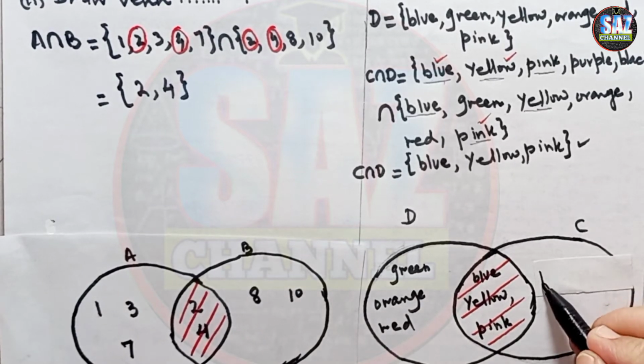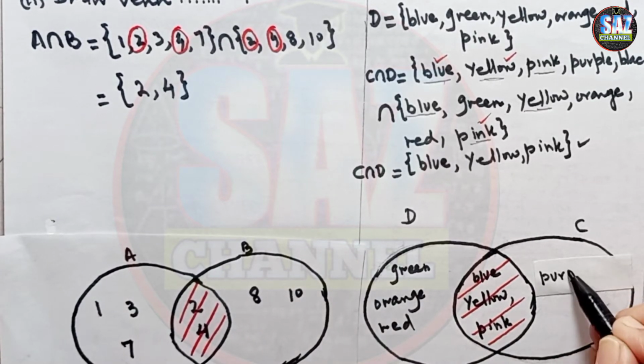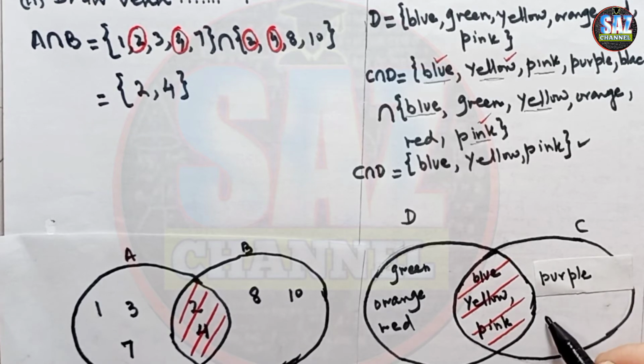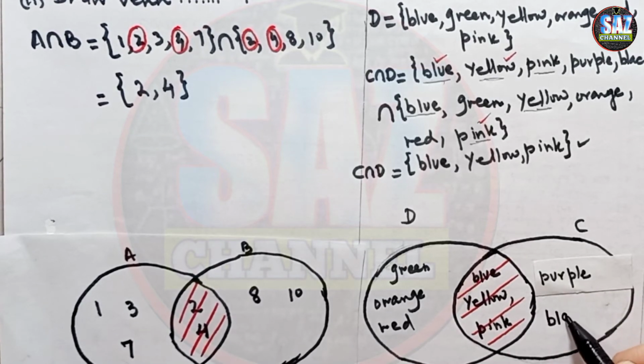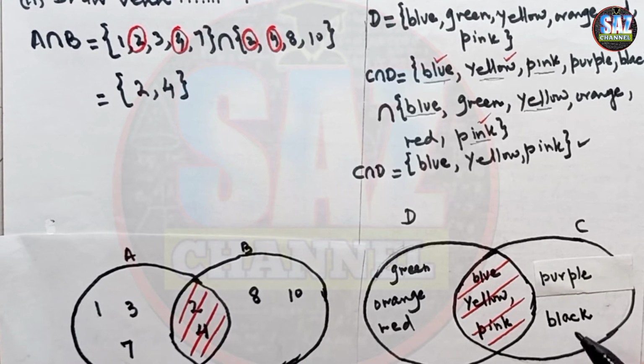So I will write purple and black in set C only. I hope you are clear how we are identifying the intersection of overlapping sets. And in order to make the intersection portion prominent, I have shaded this in red color. I hope you are clear about this question.